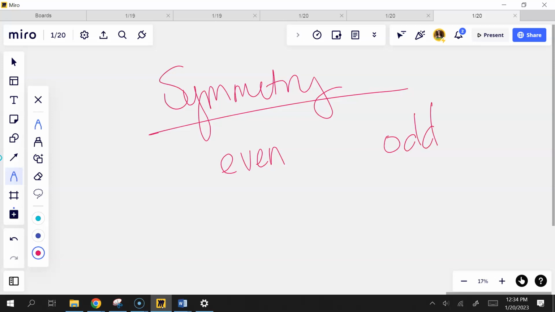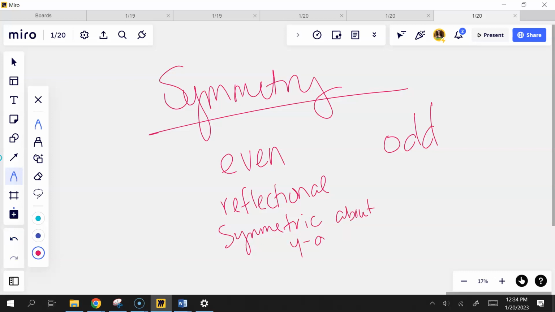When it is even, we say it has reflectional symmetry, and the axis of reflection is the y-axis. So reflectional, it is symmetric about the y-axis.